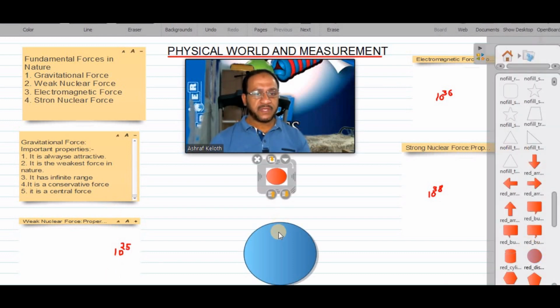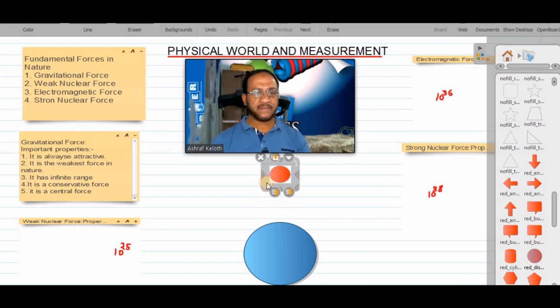A central force means, suppose this is Earth and this is an apple. There is a gravitational force existing between the Earth and the apple, and that force will be acting along the line joining the center of the Earth and the center of the apple. That is why when the apple is falling down, it falls straight this way.